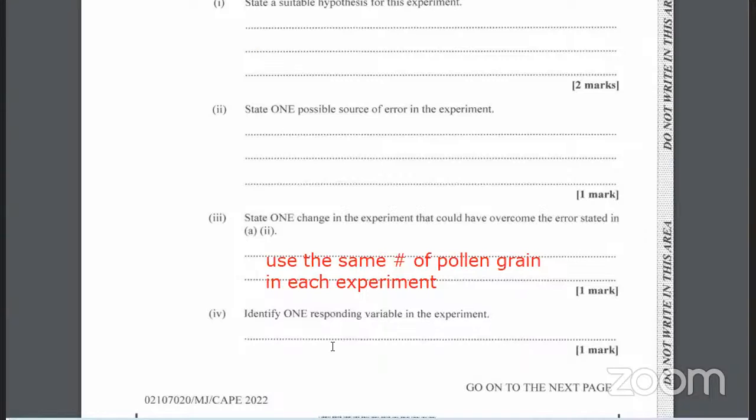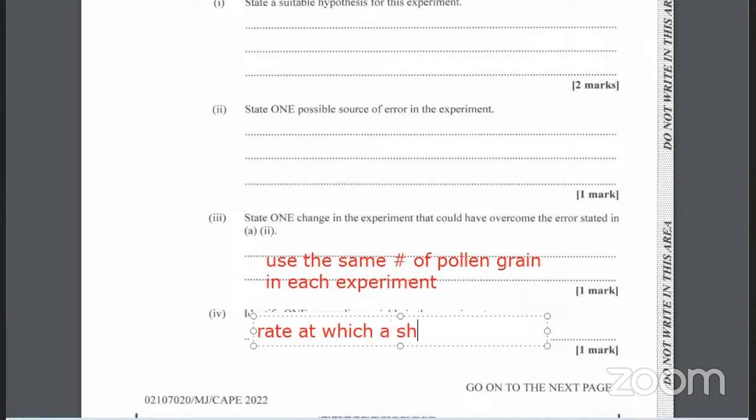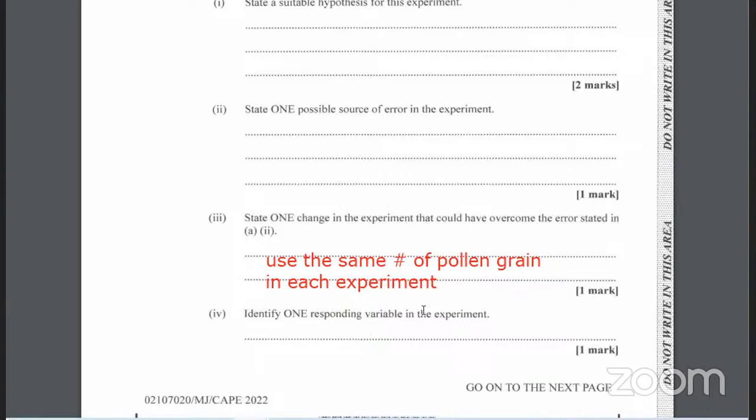Identify one responding variable. Well, it is germination. So I guess the rate at which a shoot is produced. So we could say the growth rate or the first sign of shoot.